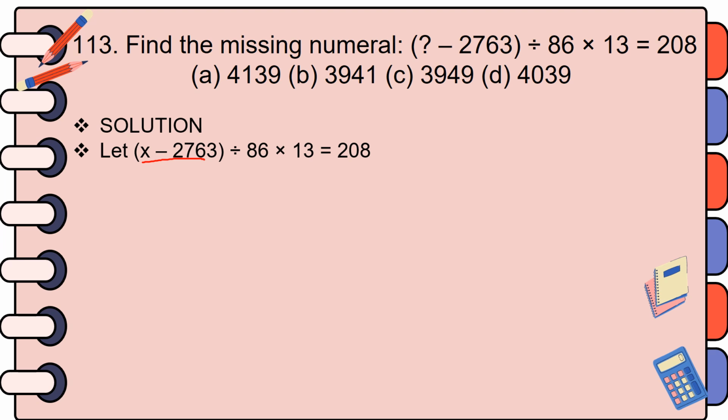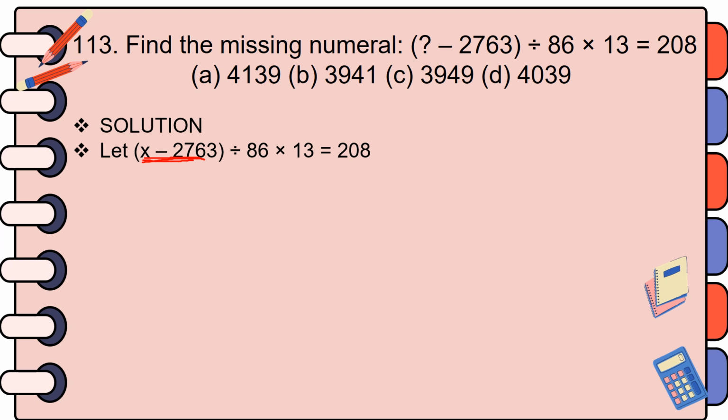But here x is unknown. That means there is an unknown variable in the parenthesis. So we perform nothing in the parenthesis, and we simply write the numbers in the parenthesis as they are.